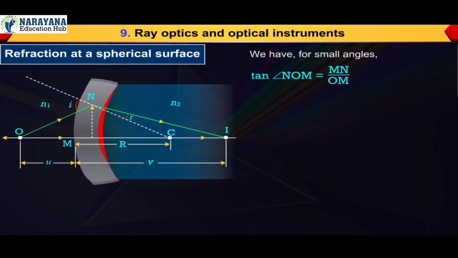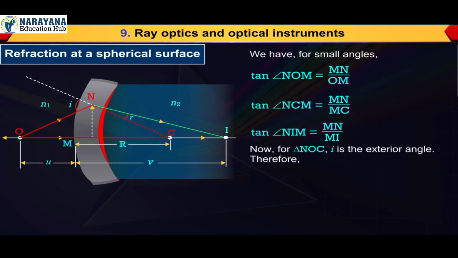Tan angle NOM is equal to MN upon OM. Tan angle NCM is equal to MN upon MC. Tan angle NIM is equal to MN upon MI. Now, for triangle NOC, i is the exterior angle.